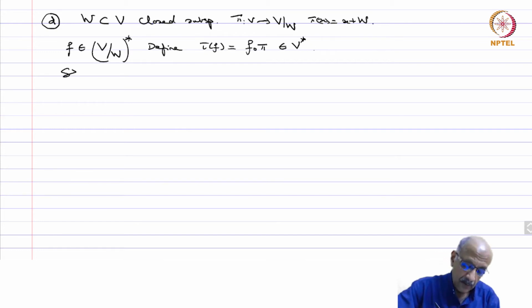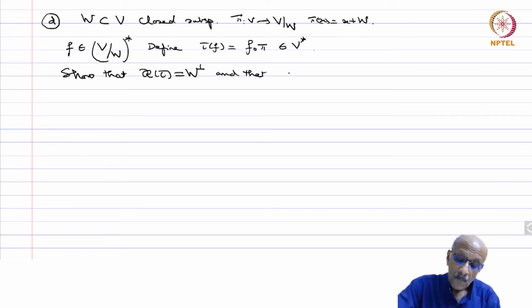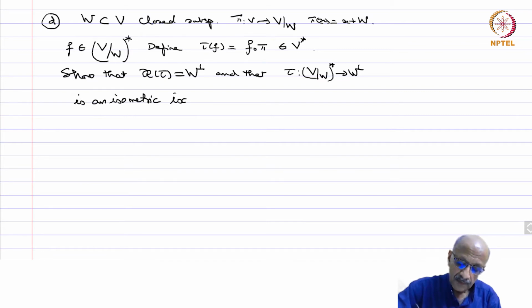Show that the range of tau is in fact W perp, and that tau from (V by W) star to W perp is an isometric isomorphism.